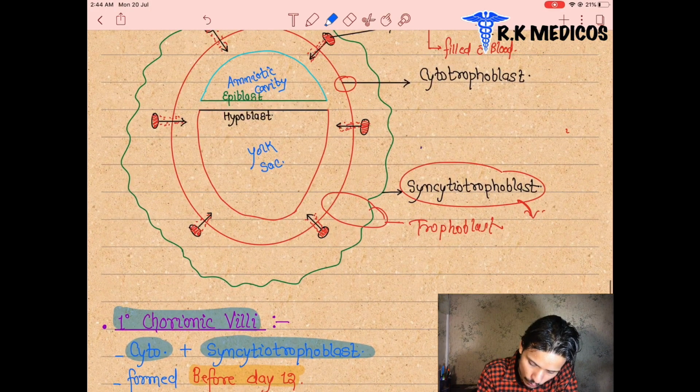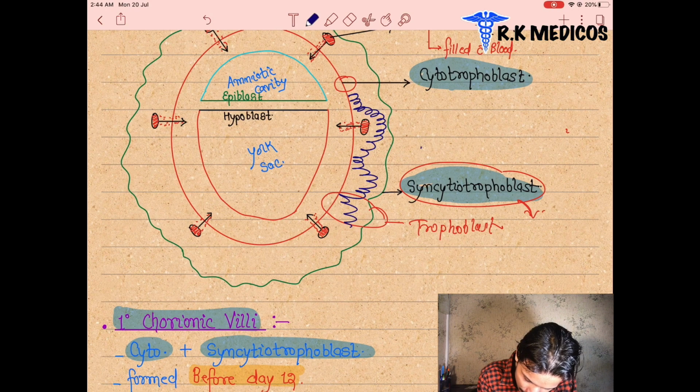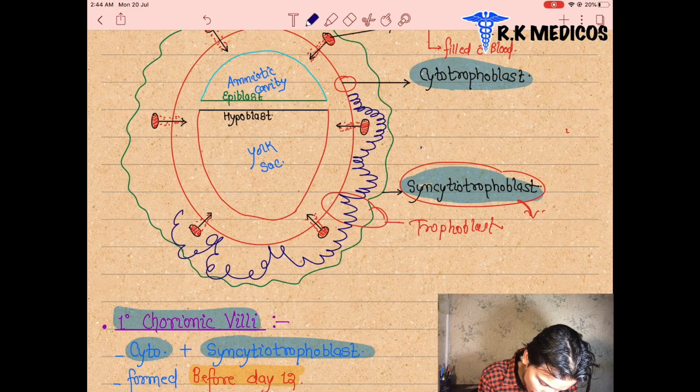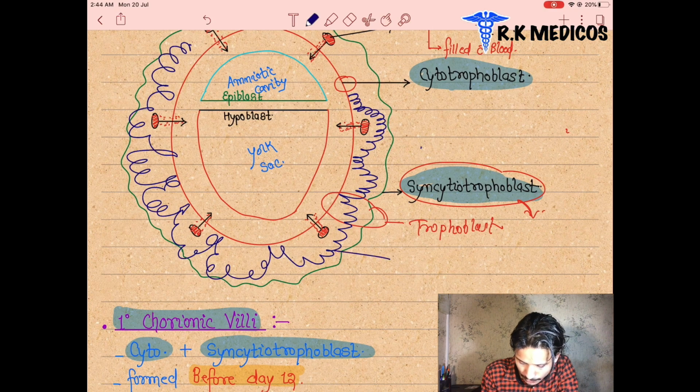This is the Cytotrophoblast and this is the Syncytiotrophoblast. Some cells from the Cytotrophoblast are going to embed in the Syncytiotrophoblast, and they form the primary chorionic villi.